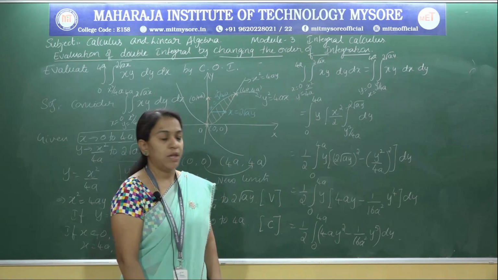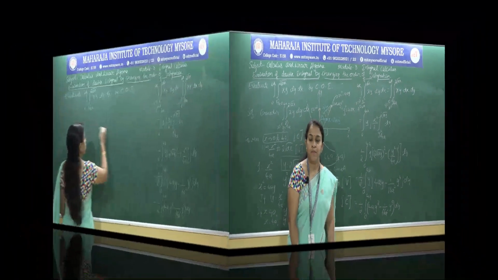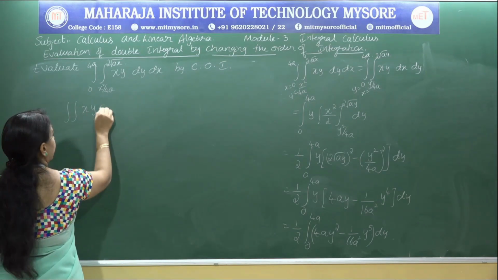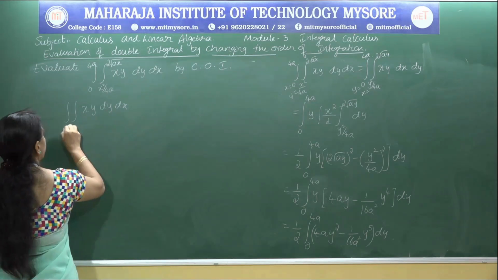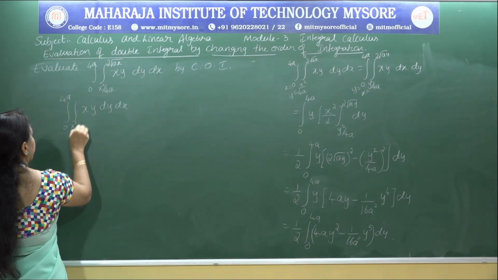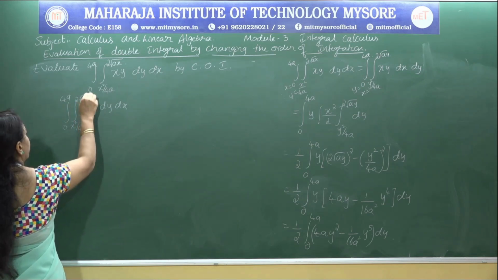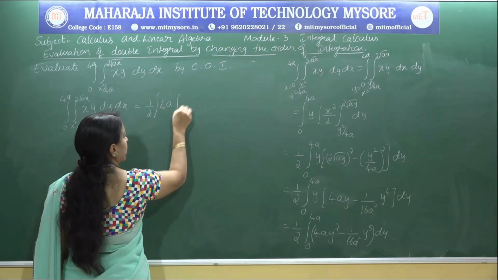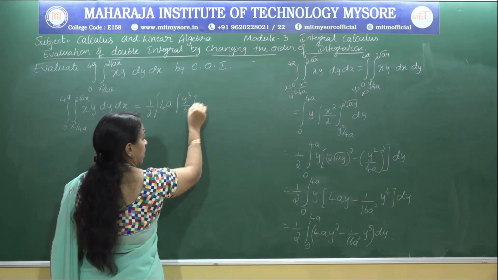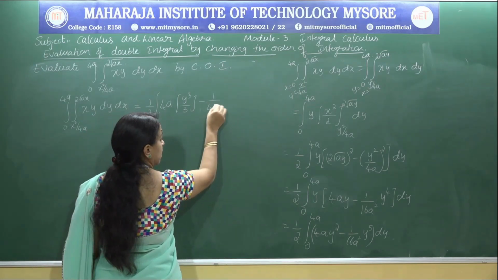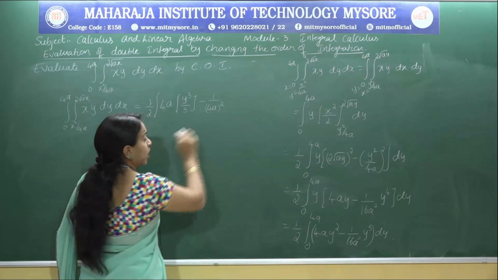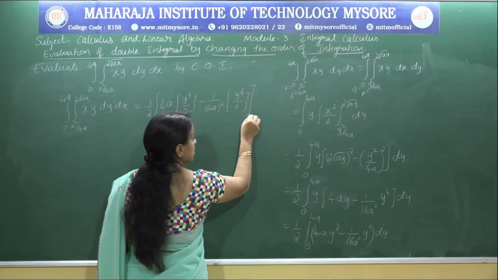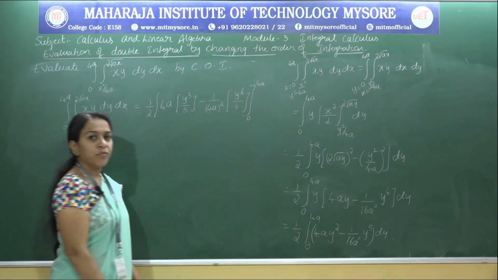Now we are left with only the y variable, integrate with respect to y. So the given double integral of xy dy dx between the limits 0 to 4a and x square by 4a to 2 times root of ax is nothing but 1 by 2 common, 4a into y square integration y cube by 3 minus 1 by 16 I keep as 4a whole square only, into y to the power of 5 integration y power 6 by 6, between the limits 0 to 4a.